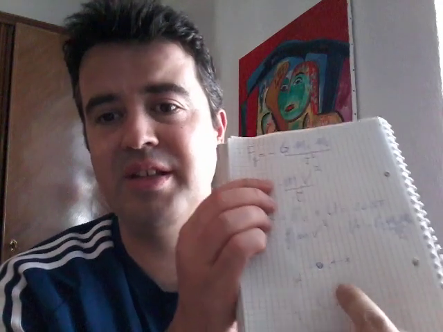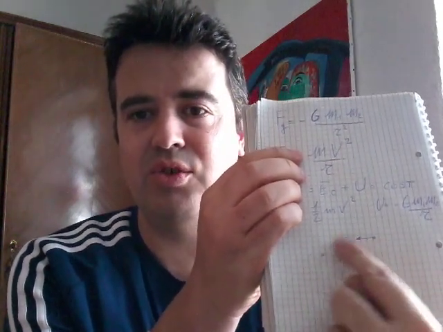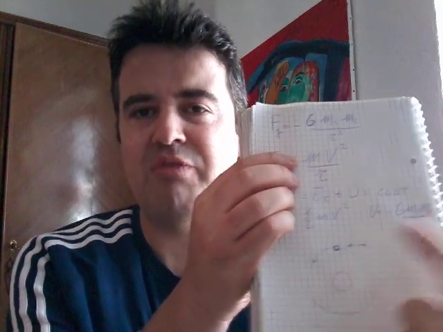This is possible if we analyze a satellite that is moving around the Earth in its orbit. For example, we can think of the International Space Station, that with a very high speed is moving around the Earth at an altitude of 400 kilometers, and 15 times a day moves around the Earth.